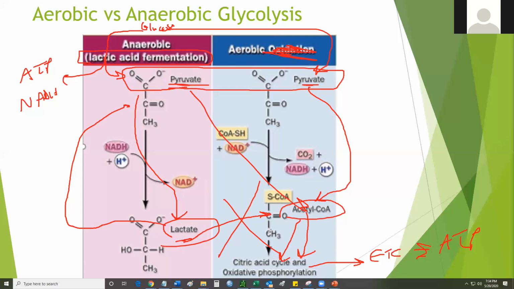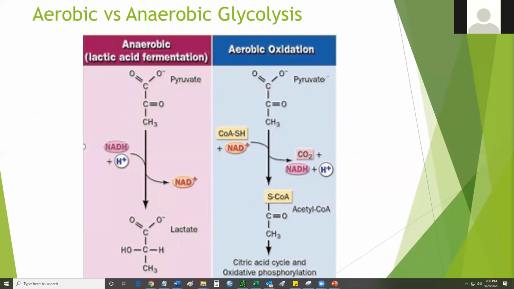So if you don't have oxygen, this takes a lot longer to recycle than if you do have oxygen. So the key here is if we have oxygen, we can limit lactic acid buildup because we can turn pyruvate into acetyl-CoA. Acetyl-CoA is great because this is a precursor to ATP.